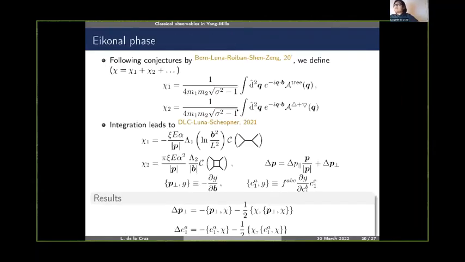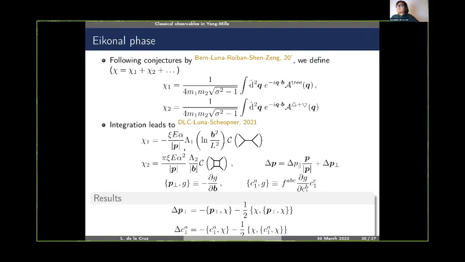And finally, something that you can do on a piece of paper, following conjectures by Bern, Luna, Roiban, Shen, and Zeng, we can define something called the eikonal phase, which is just the Fourier transform to impact parameter space of these quantities. Using this Fourier transform, I obtain the eikonal phase at each order in perturbation theory.